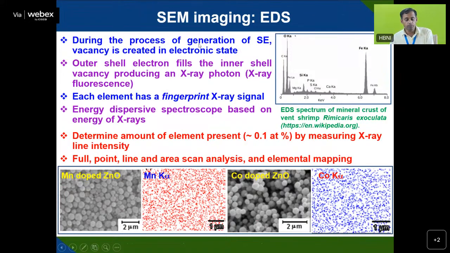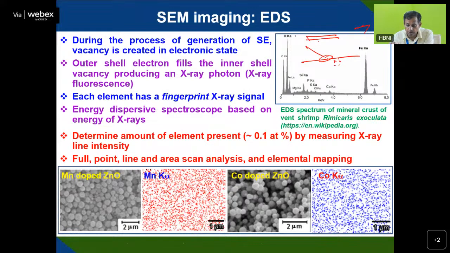So here, during the process of generation of secondary electrons, a vacancy is created in the electronic state. If you have an atom here and the electron beam falls here, this electron will be knocked out and you will get a vacant site here. And then what will happen?